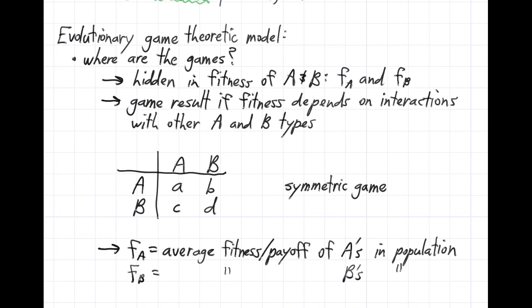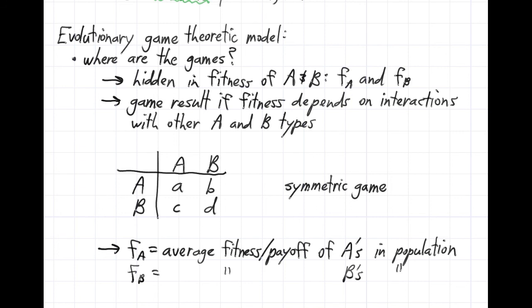So what we've implicitly put together here is the idea that there are many interactions that occur over the lifespan of an individual, and the aggregate of all of those creates an average fitness.